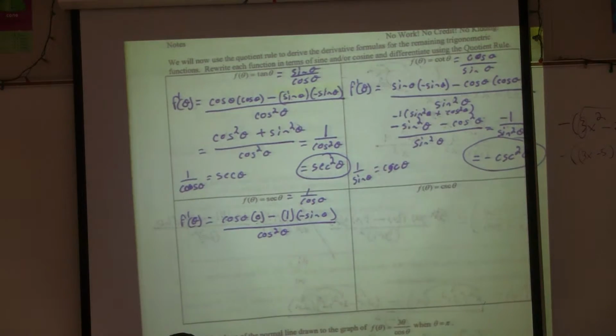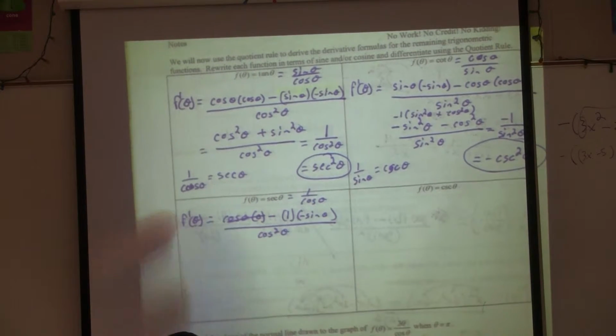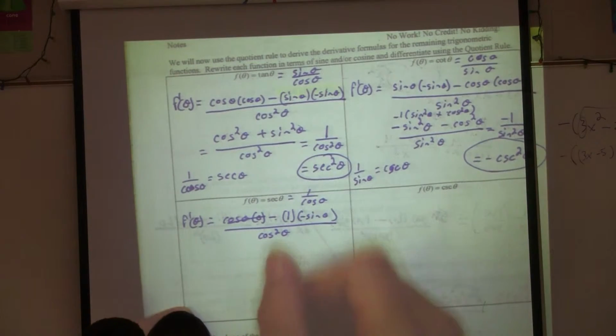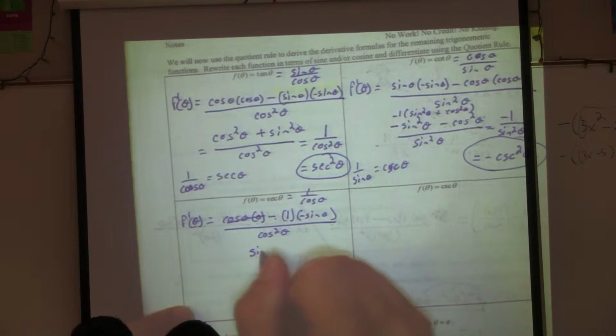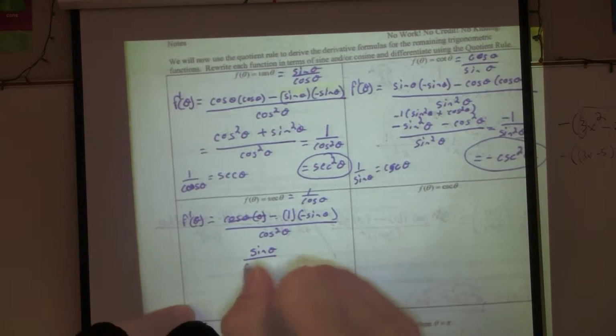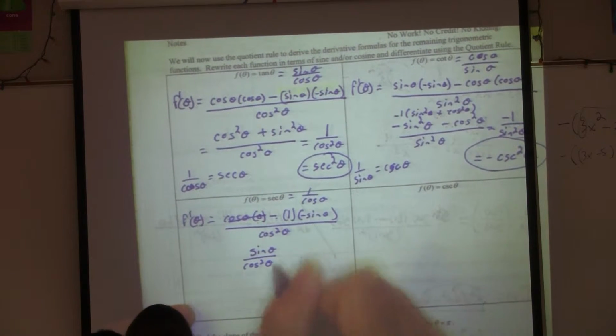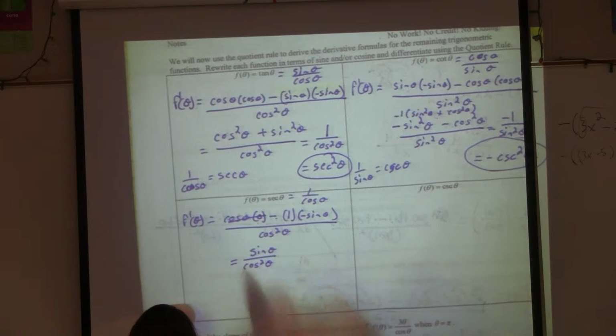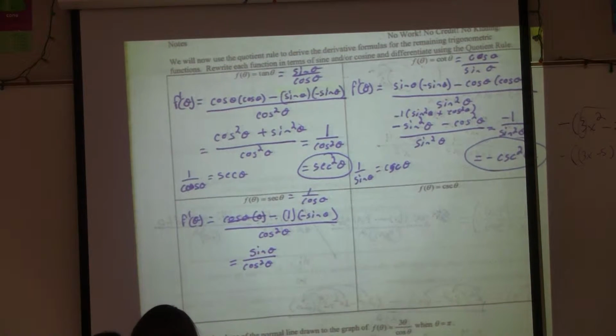Okay? So anything times 0 is what? That goes away. Negative 1 times negative sine gives us positive sine theta over cosine squared theta. And how could I rewrite that?